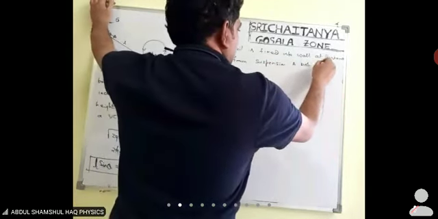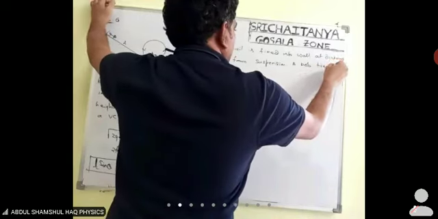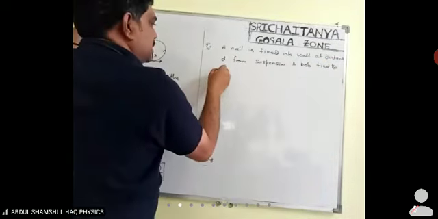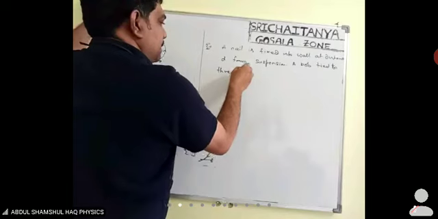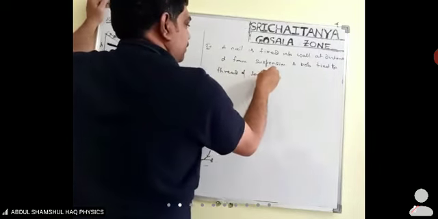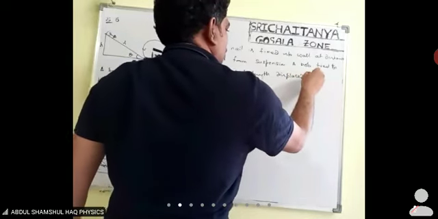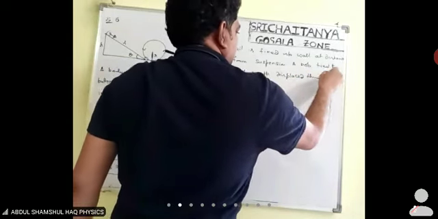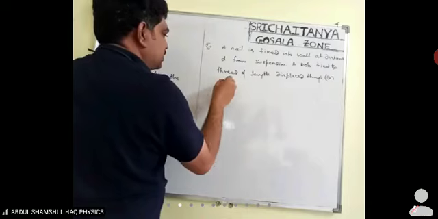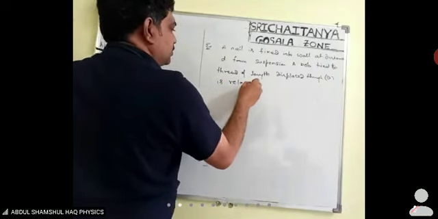A bob tied to a thread of length L, displaced through theta, is released as shown.